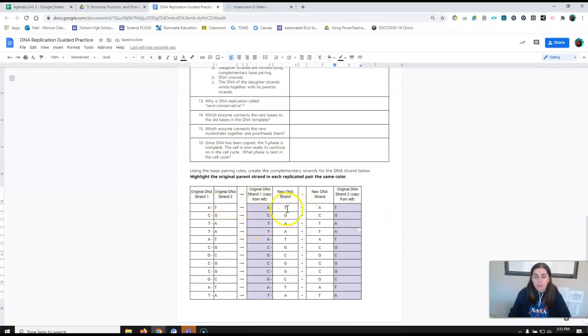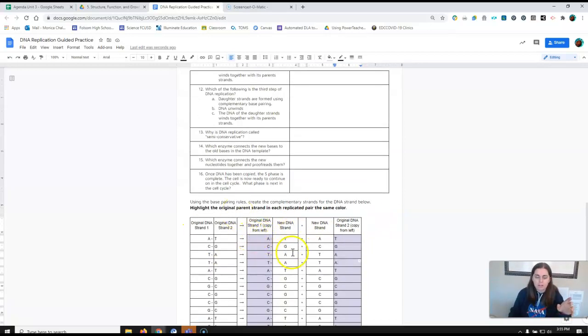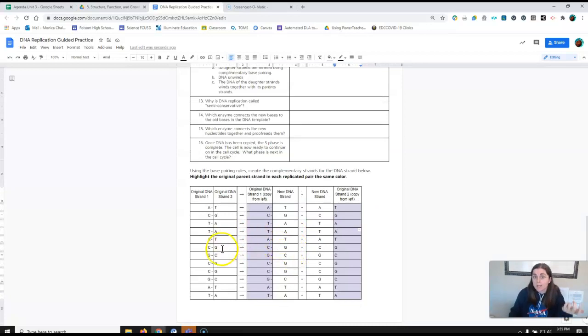So hopefully you also noticed that these three columns, or these three main strands, are all identical because it's replicating, it's duplicating itself. It's not creating anything different or anything new. It's making an exact copy of itself. So hopefully you saw that. Okay, one strand will turn into two more identical strands. And this half is original and this half is original.